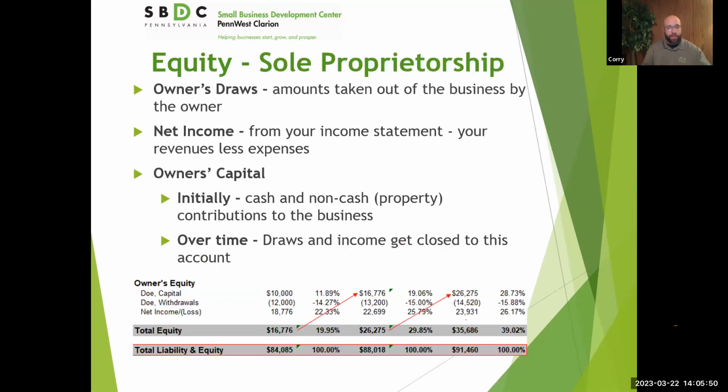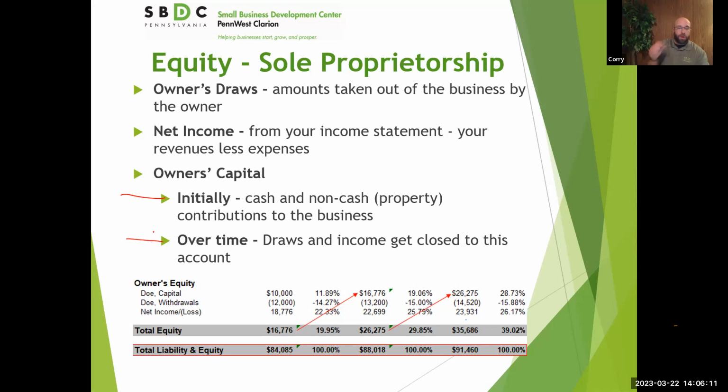So the owner's capital, you'll see here, there's the initial basis of cash or non-cash items that you've contributed. And then the capital account becomes a dollar amount based on over time. This is something we looked at in the beginning, and now we're looking at it once again. You see the arrows at the bottom of the screen, hopefully.